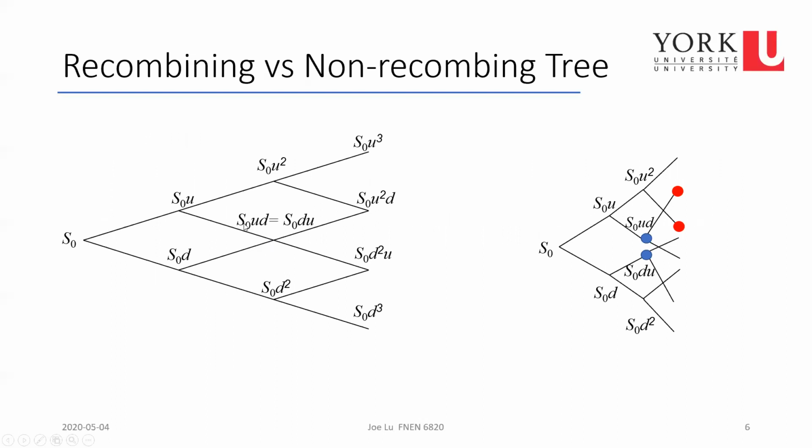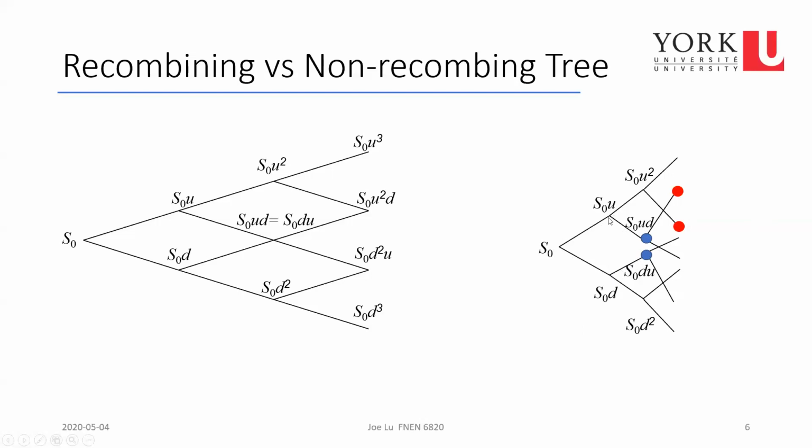So if it goes up, down and up, that will get you to the same point. Whereas if the underlying asset does not have the Markov property, that is, it is not a Markov process, the underlying process will form a tree like this, where a stock that goes up and goes down ends at a point different from where the stock goes down and then up.